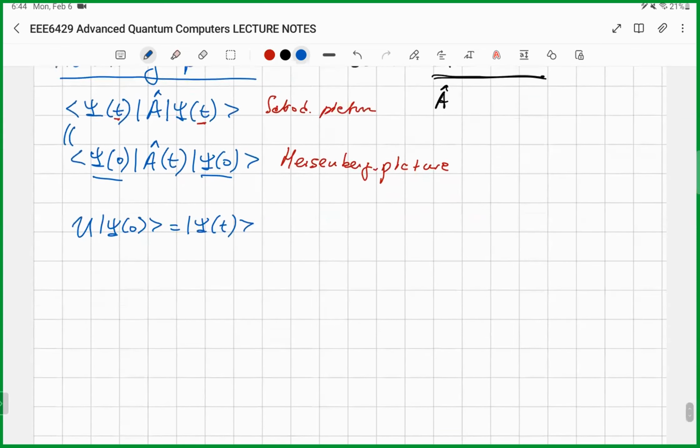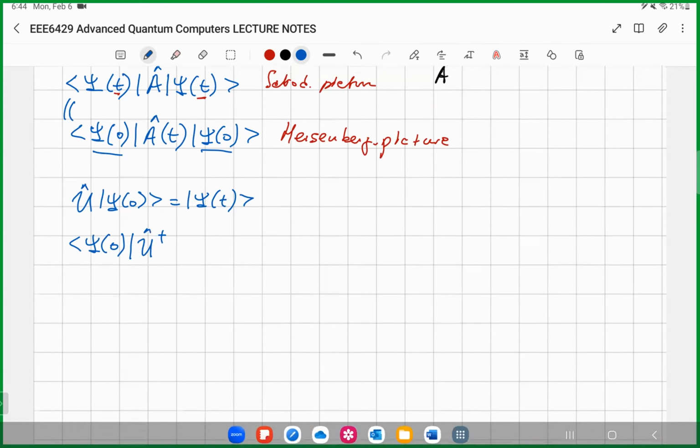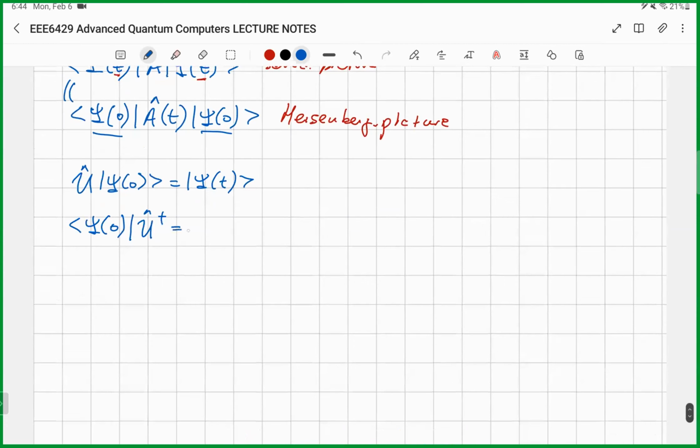Something like this. And if I take the Hermitian conjugation, what will I get? I will get bra psi t, then U Hermitian conjugation, this is the operator, and the result will be bra psi t.